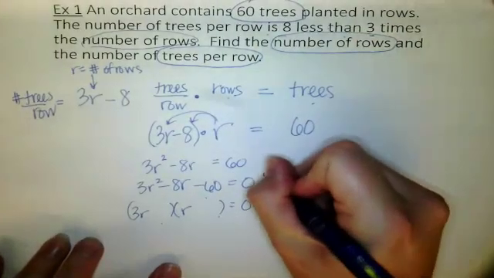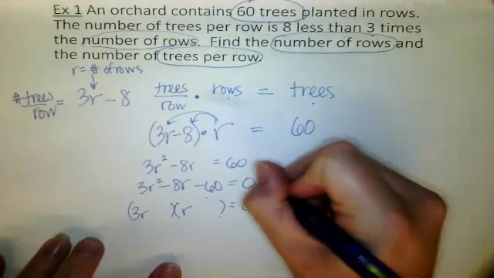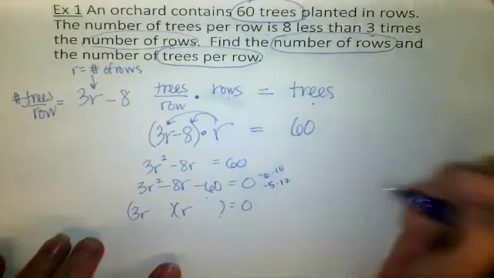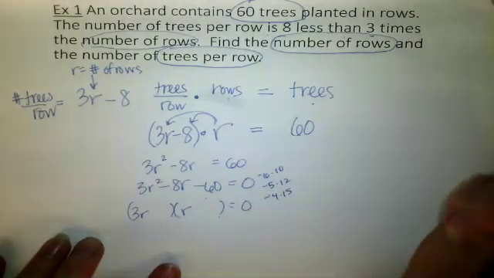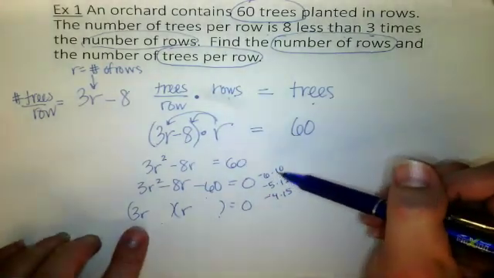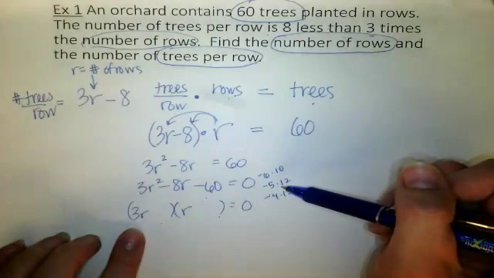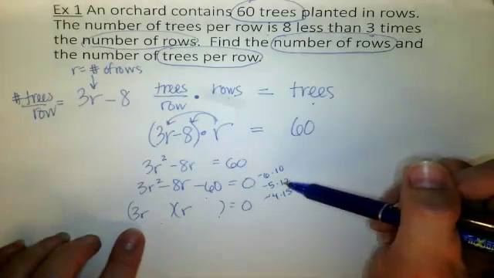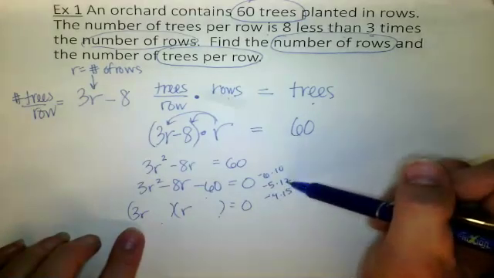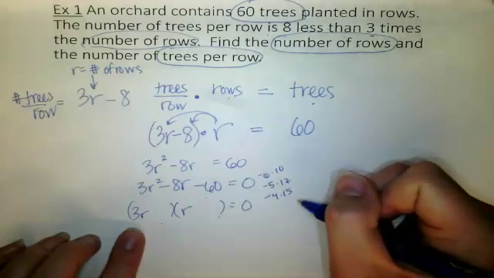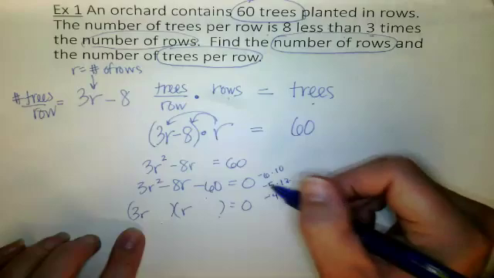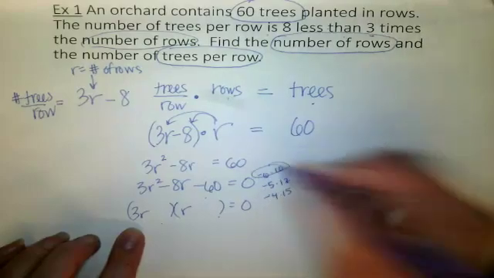There's so many. 6 times 10. Negative 5 times 12. Negative 4 times 15. All right, I'm trying to get an 8. Oh wait, no. Oh, it was the first one.